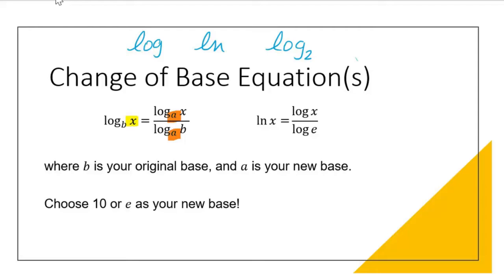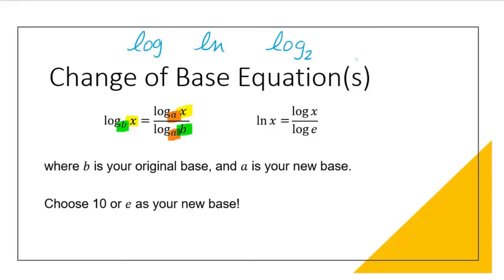We should choose 10 or e for this base, since that's what our calculators can handle. Now we simply take the logarithm of x, the original quantity that we were being asked to take the logarithm of, to our new base a, and we'll divide that by the logarithm of b, our old base, also to the base a. We'll see a few examples in a moment.